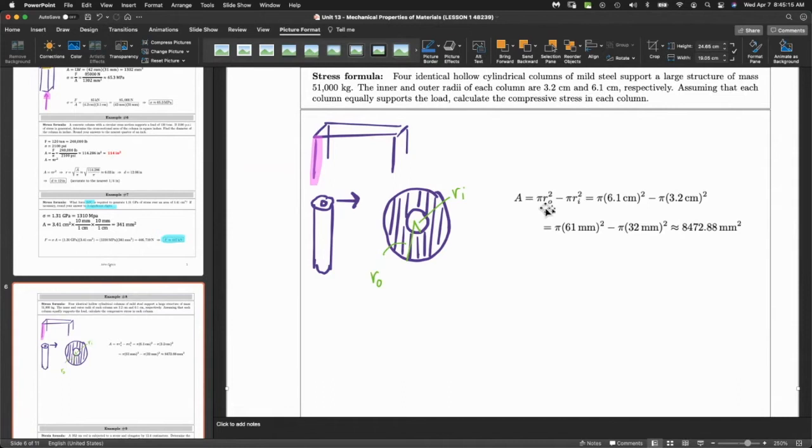I did pi r squared minus pi r squared with the appropriate subscripts of the outer and the inner radii, respectively. Notice the units are in centimeters, but we anticipate that we're calculating something involving a stress. So we need to convert that to millimeters if we're dealing with the metric system. So we would do that, and of course you can punch this all in your calculator and get approximately 8,473 square millimeters.